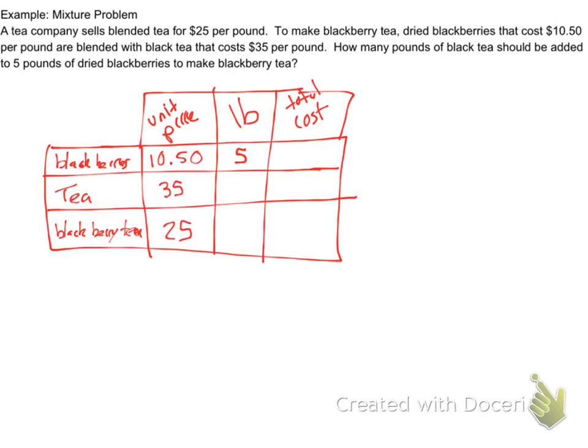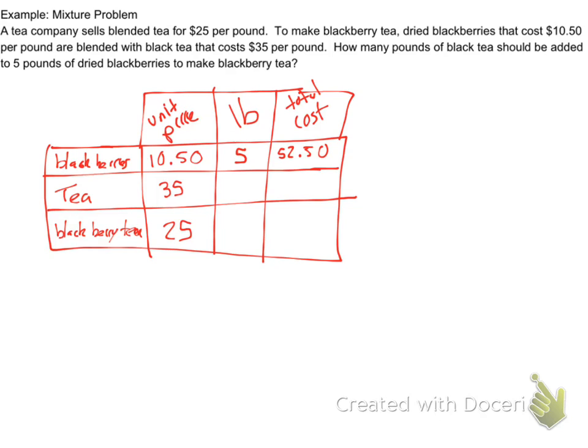Oh, $52.50. So how did you guys get that? We multiplied these two numbers together. Your unit price, how much it is a pound, times how many pounds. Pounds will cancel because it's dollars per pound, pounds on the bottom. Times 5. $52.50. Okay.